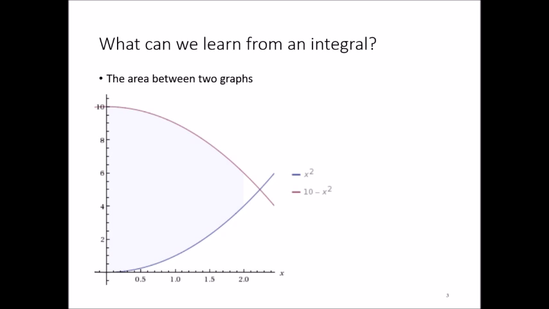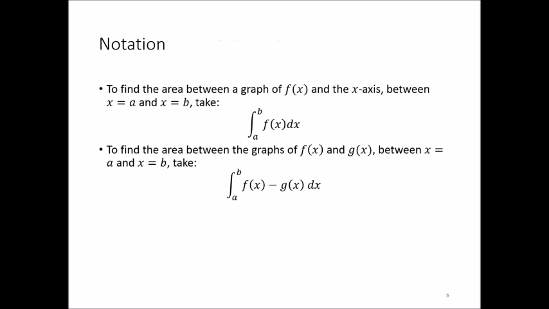So if you're interested in the area between the two graphs, you would take the integral of the first minus the integral of the second, so that you're subtracting off the lower area between this blue line and the x-axis. And that sort of setup should cover most of the types of integrals you're ever likely to see in any Harris class.